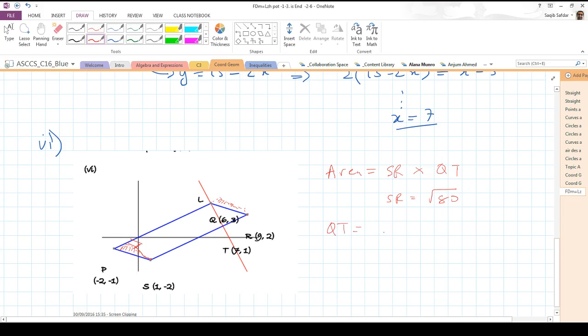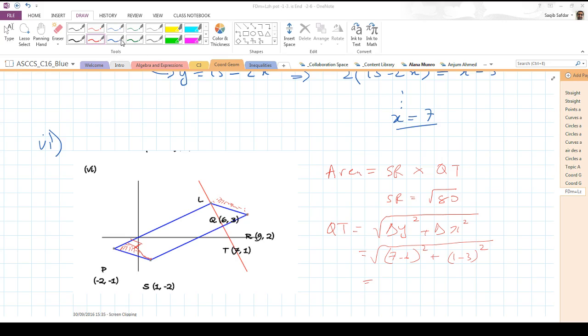So QT, so this point to this point would be Pythagoras again. So I'd write the formula, the change of y squared plus the change of x squared, square root. So you've got 7 take away 6 squared plus 1 take away 3 squared, square root, and that should tidy up to give us the square root of 5.